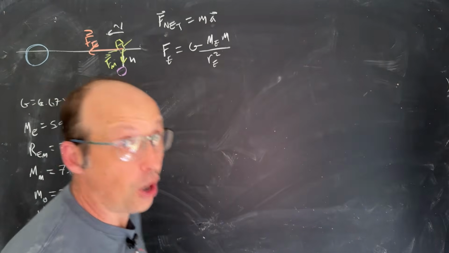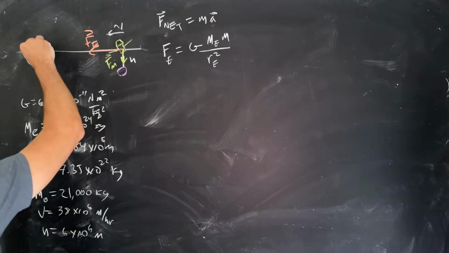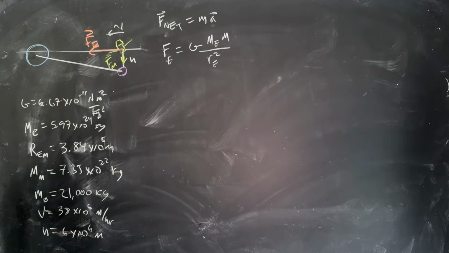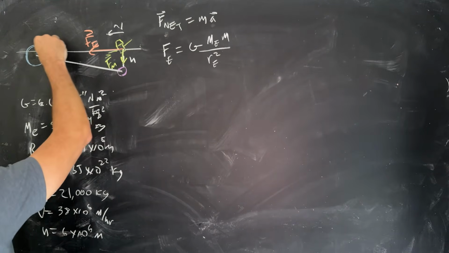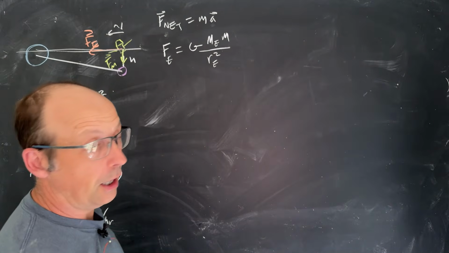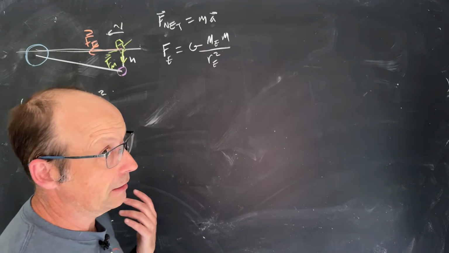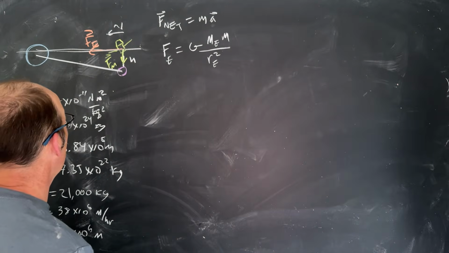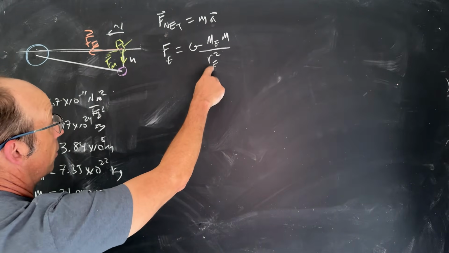Now, we don't actually know that, right? I'm going to assume that this is the distance to the moon, and this is the distance to the Earth. So we have to find that first. If you approximate that as just the distance to the moon, I don't think that's a terrible approximation, but we're going to do it anyway. So that's this right here.